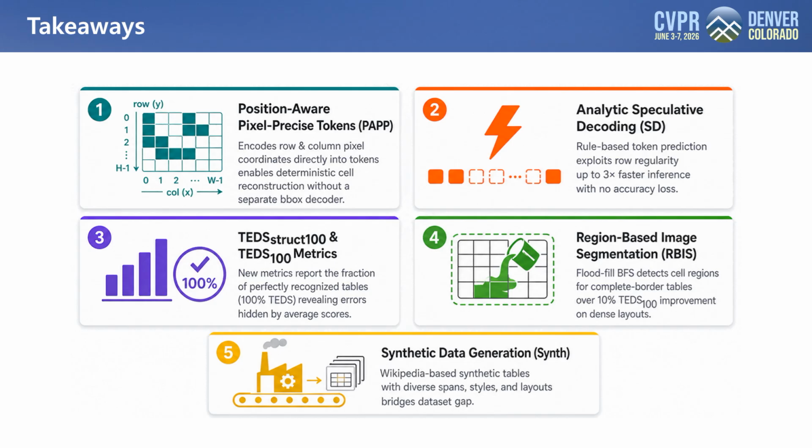Third, we present a region-based image segmentation approach which enables reliable cell detection specifically for tables with well-defined geometric boundaries. And finally, we describe a comprehensive synthetic data generation pipeline that overcomes the limitations of currently available datasets for table structure recognition.